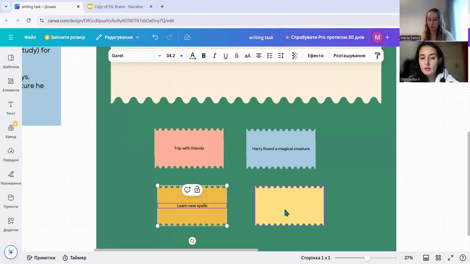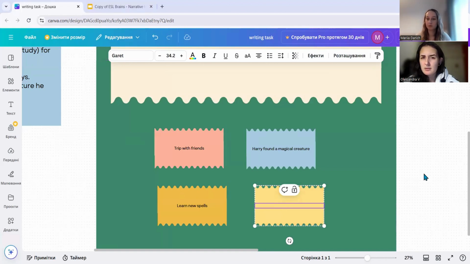And the last one, what could be the last one? Like the end of the story, like they come back to school and continue to create something.